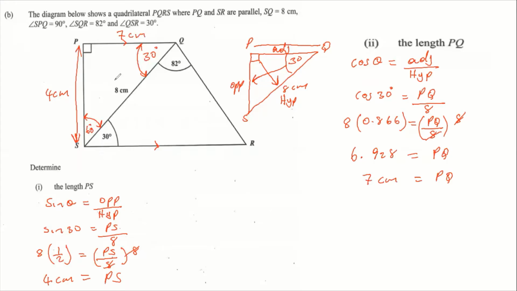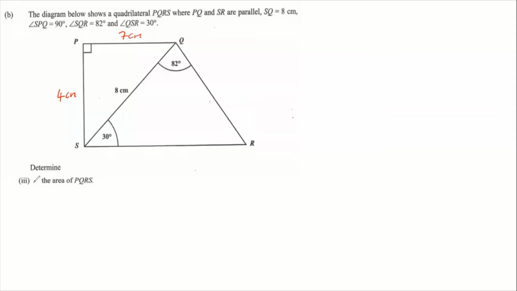All right, so that's all the information that we know for now. So to part I, they asked us to determine the area of PQRS. And we recognize that PQRS was a trapezium, right? So what's the formula for a trapezium?